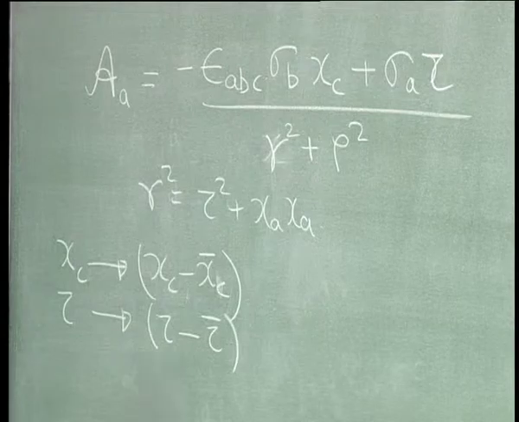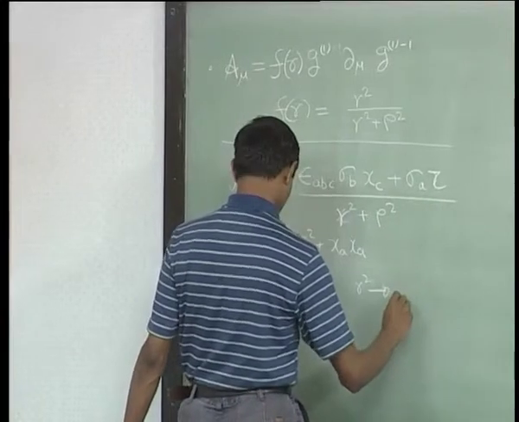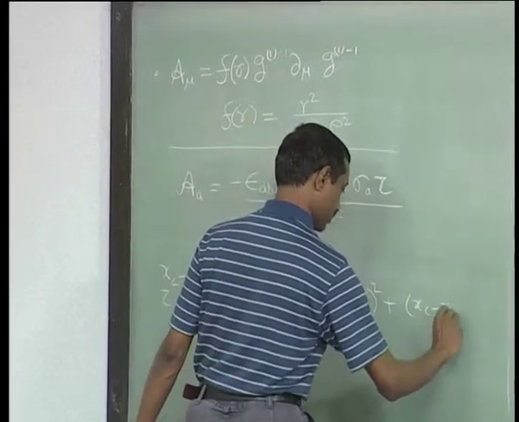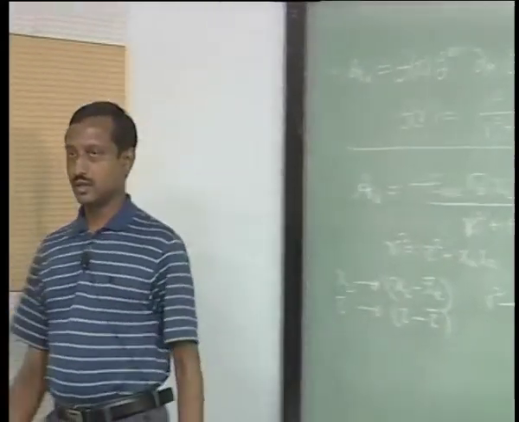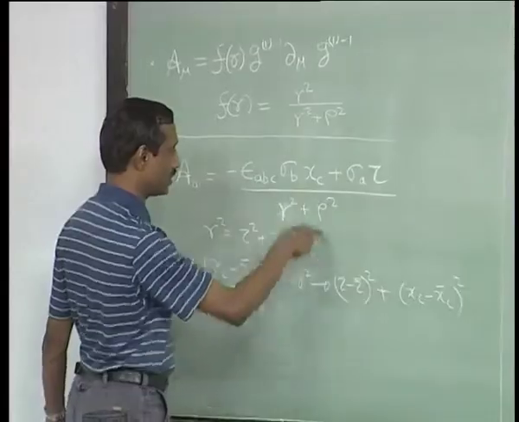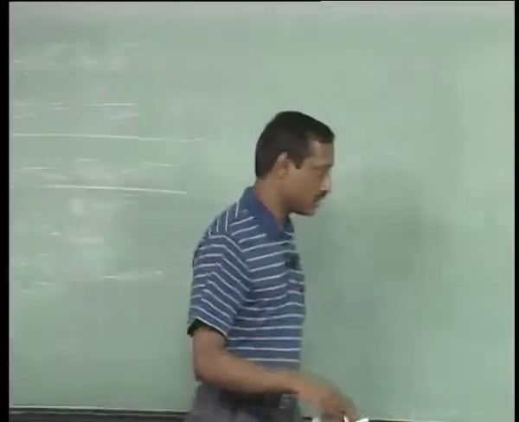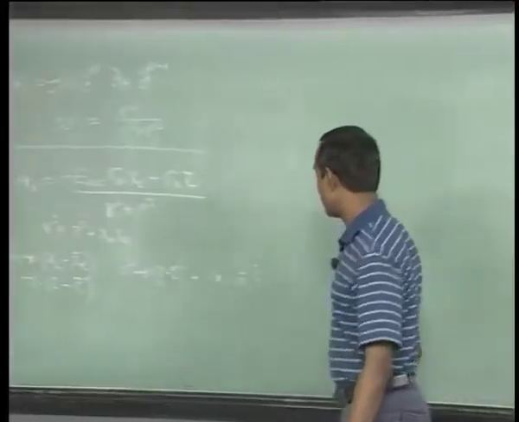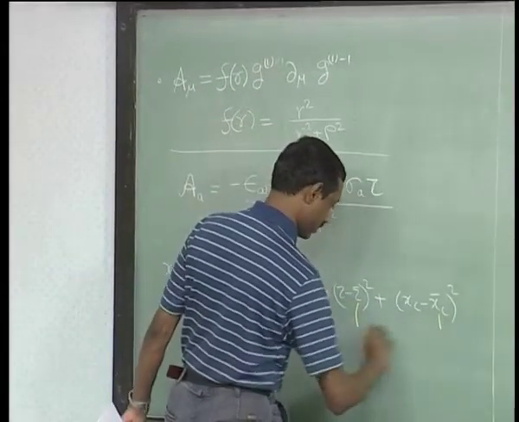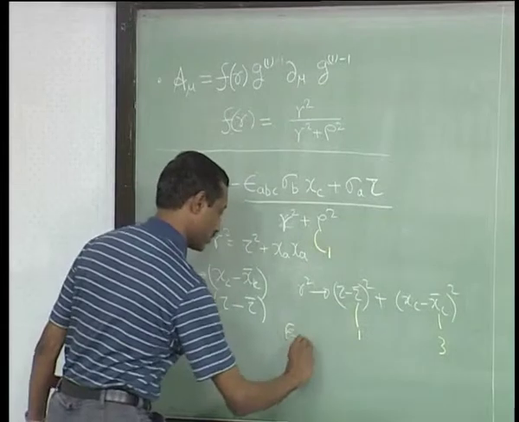And of course r square will also get shifted appropriately, so r square will also become tau minus tau bar whole square plus x c minus x bar c whole square. Once you do this, it is not too hard to see that this will continue to satisfy the equations of motion. Now there are 3 parameters, so rather 5 parameters. So this is 1, this is 3, and then there is the size which is 1. So we have 5 parameters.